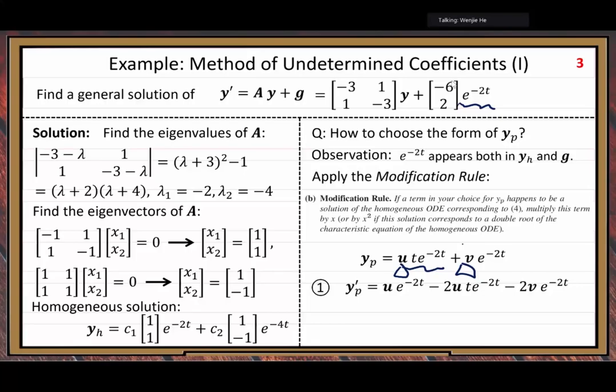Then let's combine the like terms. Y prime p satisfies the original equation, so we write yp prime in two different formulas. One from the derivative of the yp form.